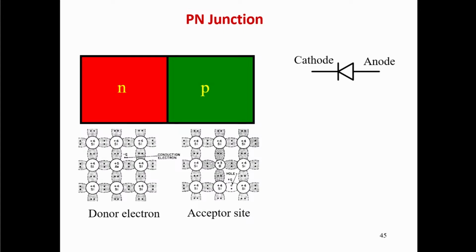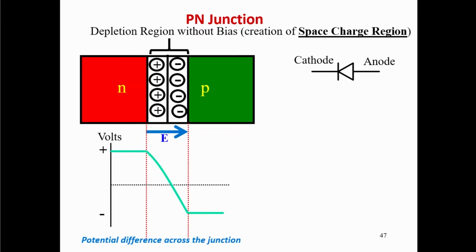Whenever you have a junction, you form a kind of diode. Electrons, being the majority carrier on the n side, tend to flow towards the p side, and holes, being the majority carrier in the p type, tend to move towards the n side. By virtue of this they create a region called the depletion region, even without any applied potential.